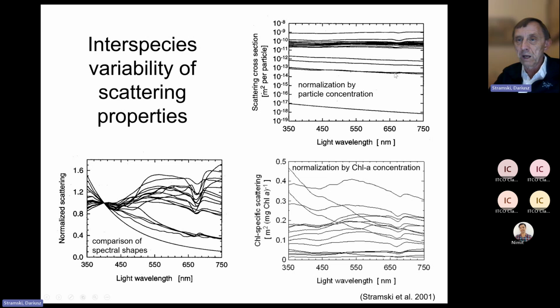Then heterotrophic bacteria, then cyanobacteria, here Prochlorococcus, and then larger phytoplankton species. You can see very large variability in the shapes of scattering, which we've discussed and explained on theoretical grounds. And you can also see very large variability if we normalize scattering to chlorophyll concentrations, which is not surprising.